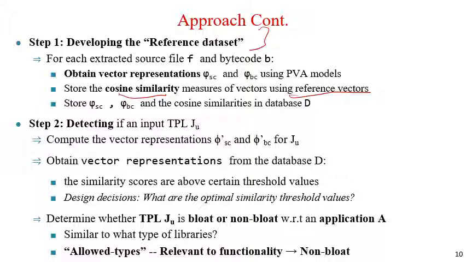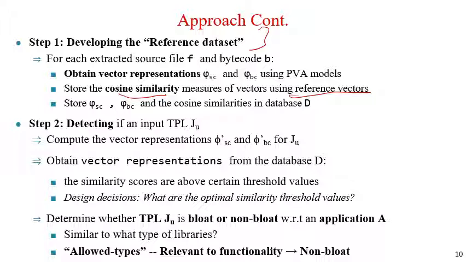Now we can check any input third-party library and its nature, whether it is bloat or non-bloat. Then what is the other important thing that we required? Once we have this dataset, we are going to check the nature on the basis of the similarity.